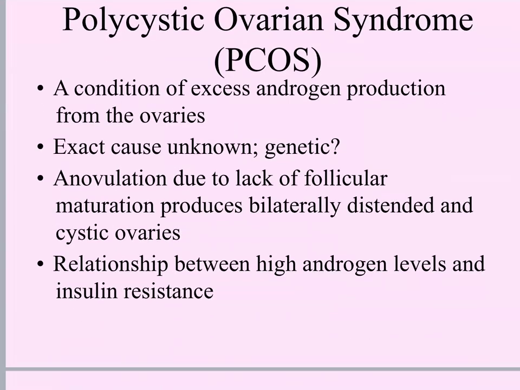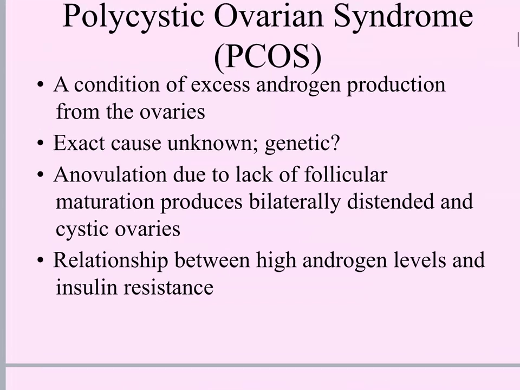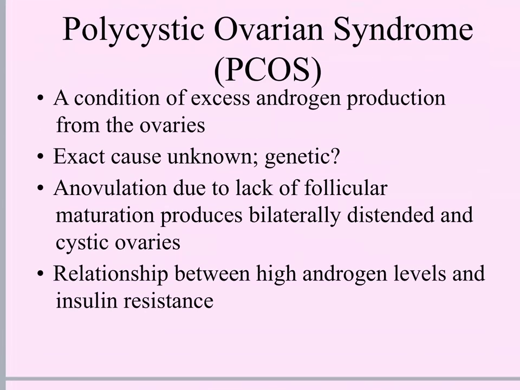It's a condition of excess androgen production from the ovaries. We don't know what it's caused by. We think that there is likely a genetic link to this. What is going on is anovulation, and whenever you see that little prefix an, that means absent.